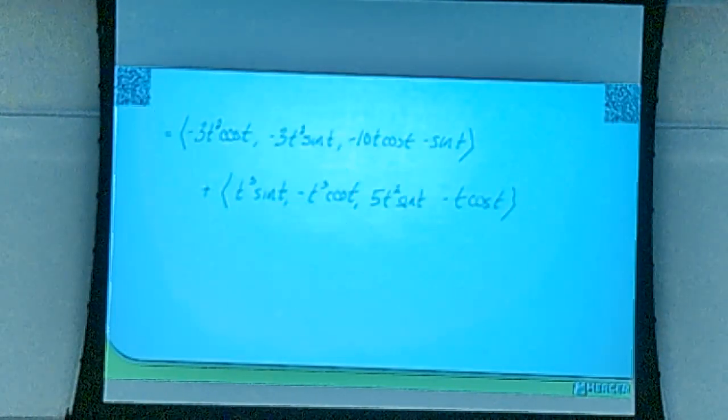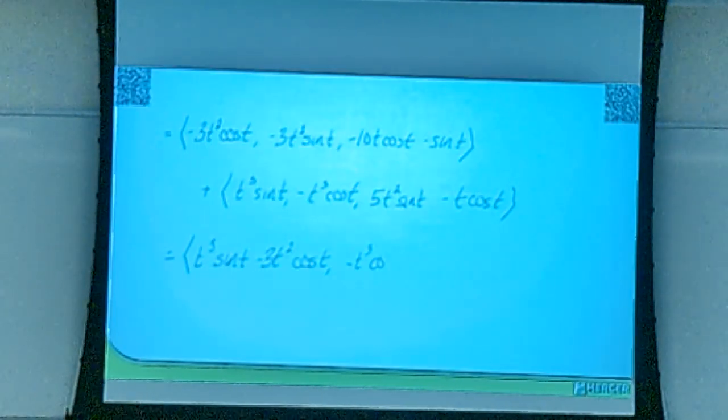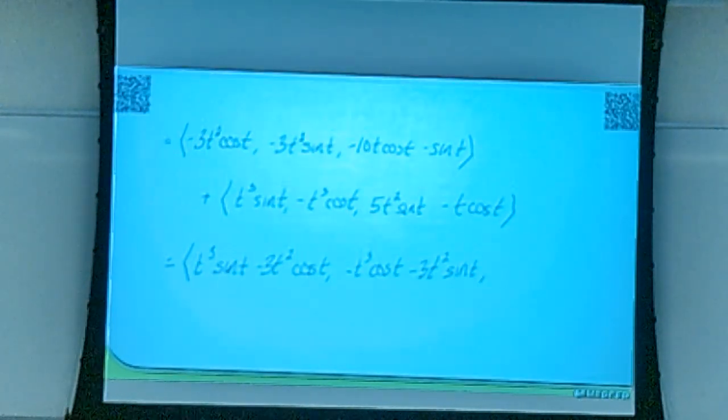Now I just have to write that as a single vector, right? What are we going to have?